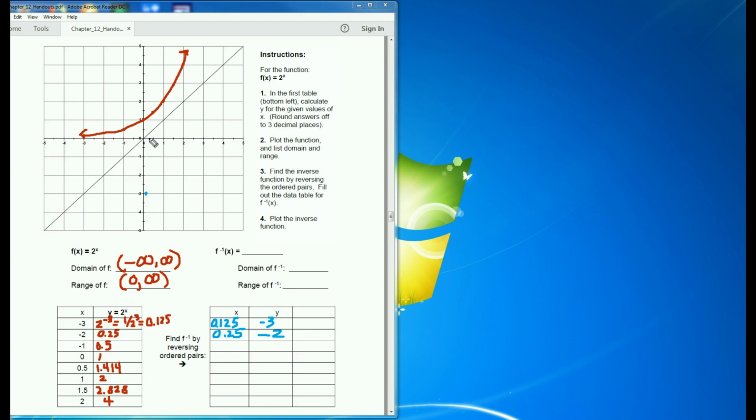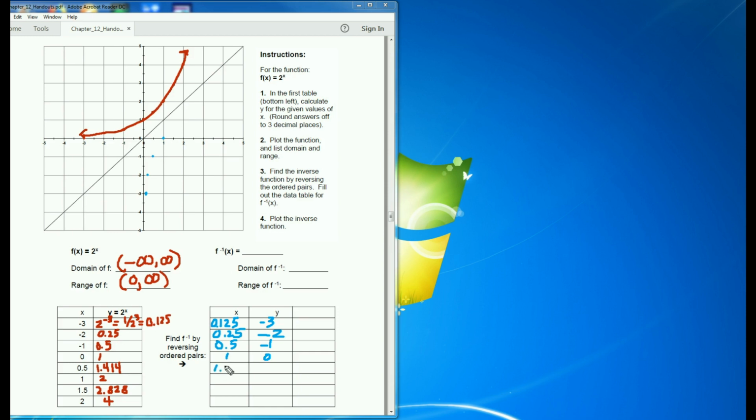Let's see, so 0.25, it's about here, and negative 2, so it's about there. 0.5 and negative 1. Okay, let's plot that. So 0.5, negative 1, about there. 1, 0 is there.